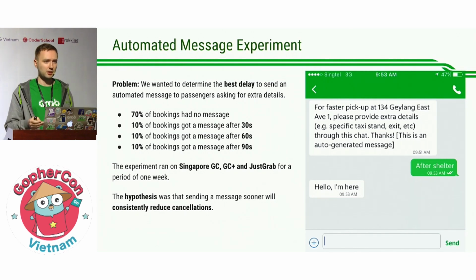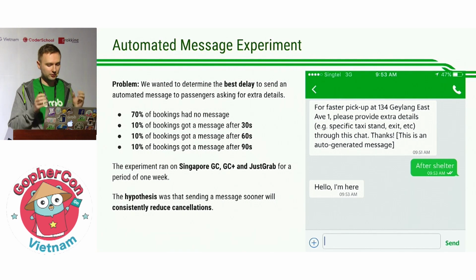They already had an experiment running before that, which assessed whether this decreases cancellations. Now they wanted to figure out what if we send it 30 seconds after booking start, or 60 seconds, or 90 seconds. Which one's the best? That was the experiment design.